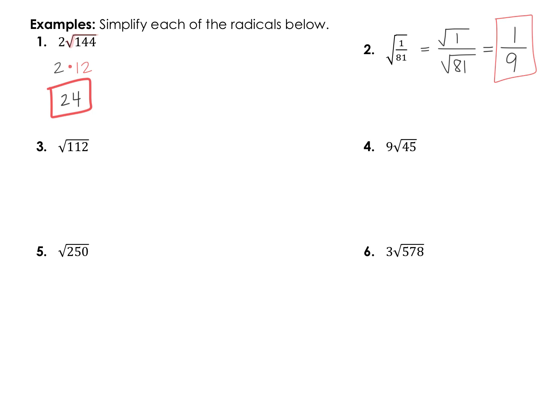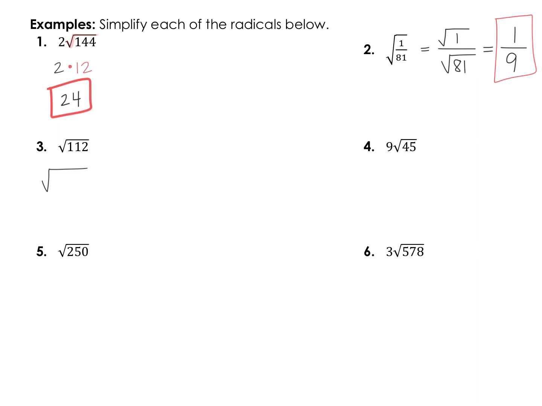Find the perfect square. 112 divided by 64, 112 divided by 49, 112 divided by 36. You need to find it. There is no fast way to do this. Is 16 the large one? Okay, when you divide 112 by 16, what do you get? 7. Okay, so you're going to split it up like this.